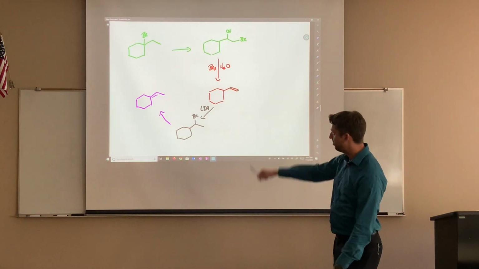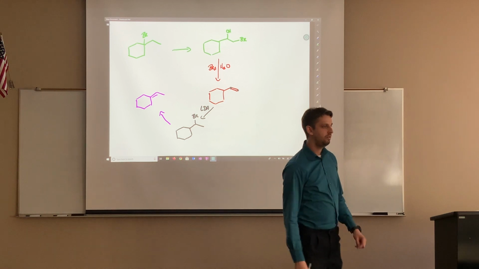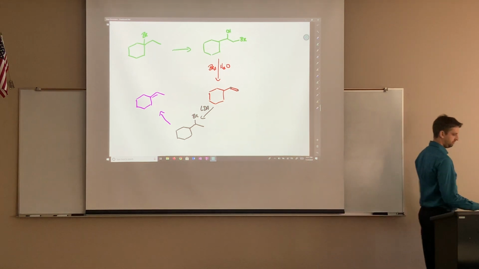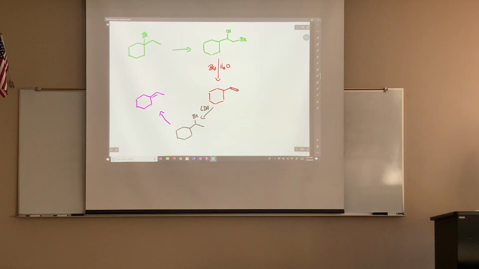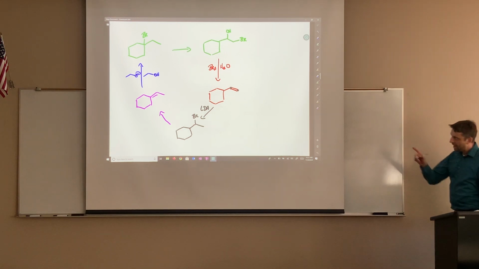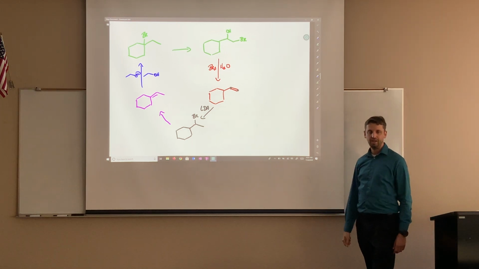Can we go from green to pink? So here, the best we could do is some kind of strong base, okay? How do I do my reaction in pink though?